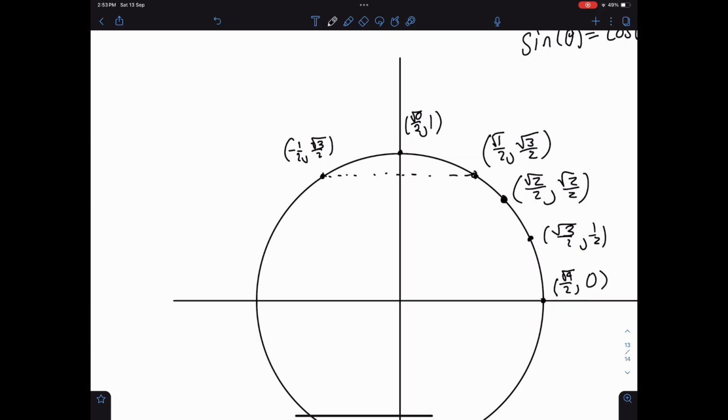And we can keep doing the same thing here. Negative root 2 over 2, root 2 over 2. This would be negative root 3 over 2, 1/2. And then down here, it'd be, yes, 0, but it'd be negative 1.